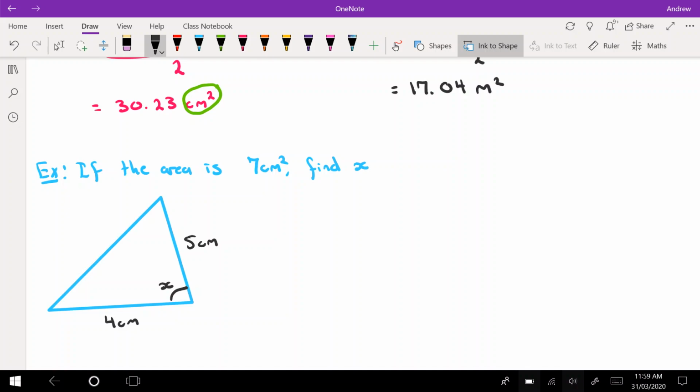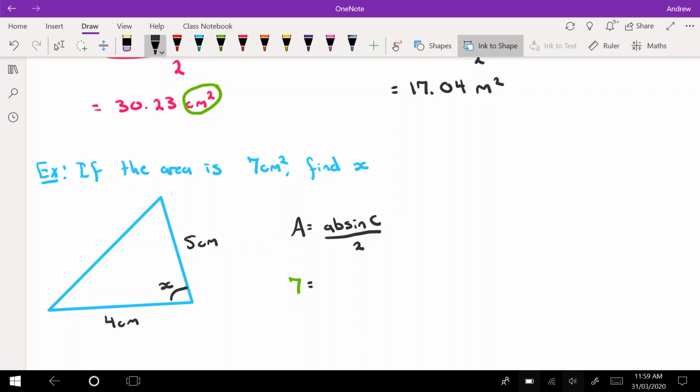Well, let's just figure out our formula first. So our formula is that A equals AB sine C over 2. Well, let's plug in all of our values now. Okay, so the area is 7.